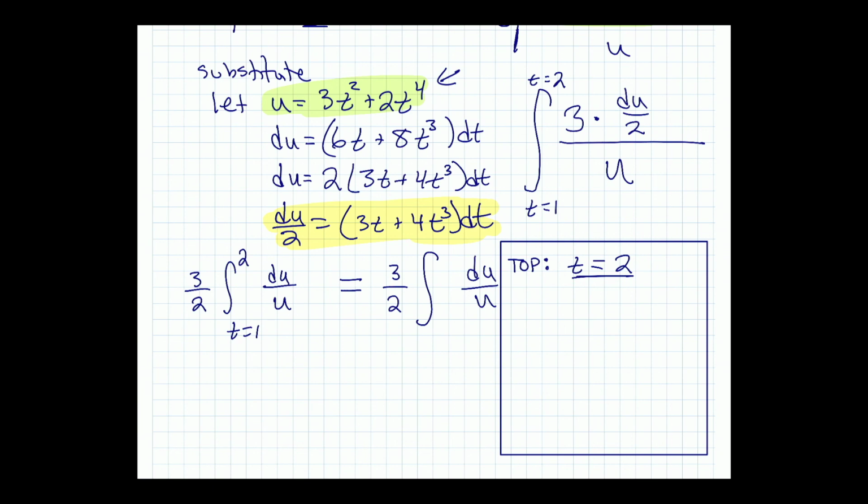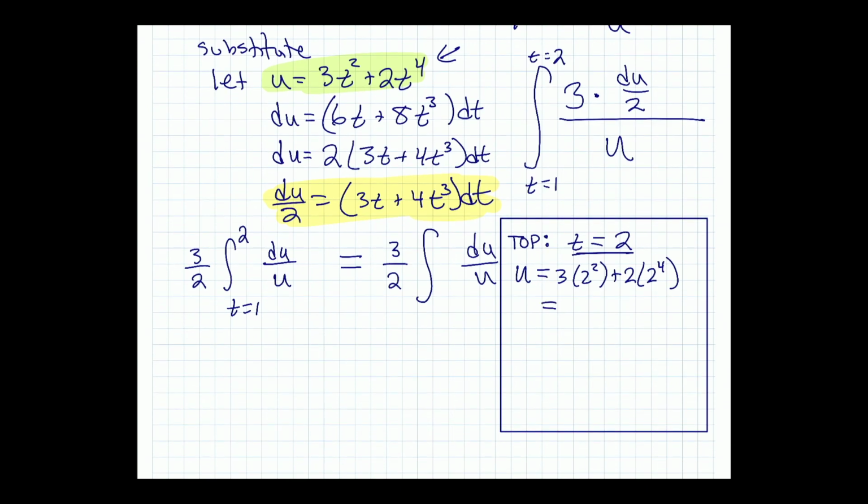So if t is 2, then u is 3 times 2 squared plus 2 times 2 to the 4. Right? So we're just putting a 2 into the u substitution. So work that out. So what do we get? 2 squared is 4. 4 times 3 is 12. 2 to the 4 is 16 times 2 is 32. So is it 32 and 12? Is that 44? I'm going to write 44. I hope that's right. So we get that.